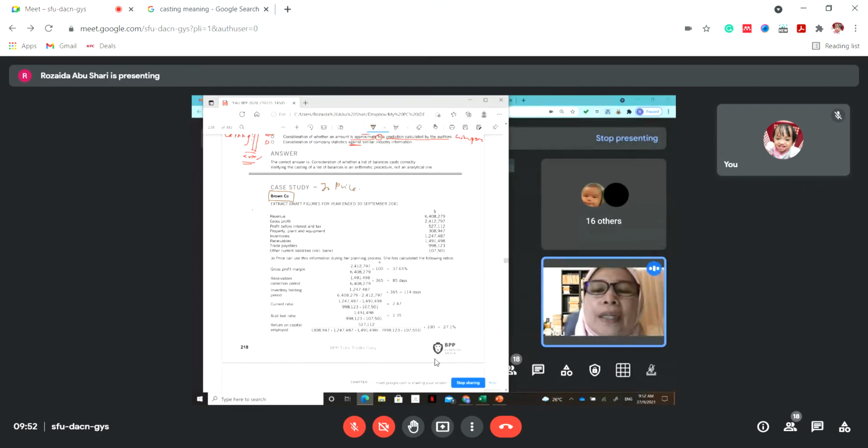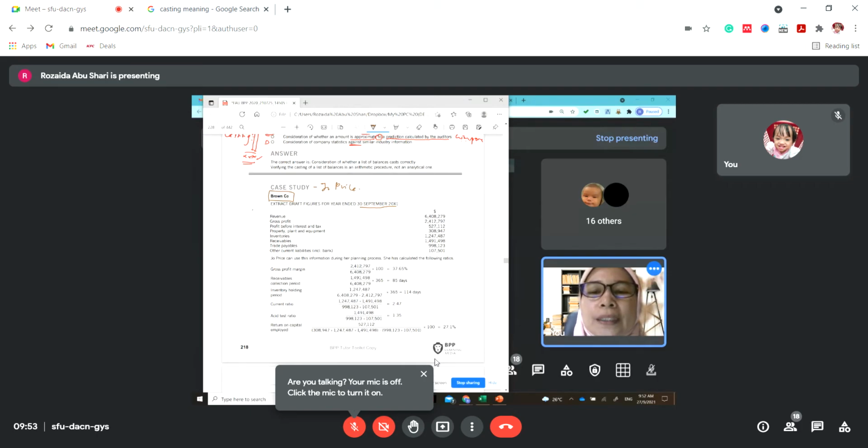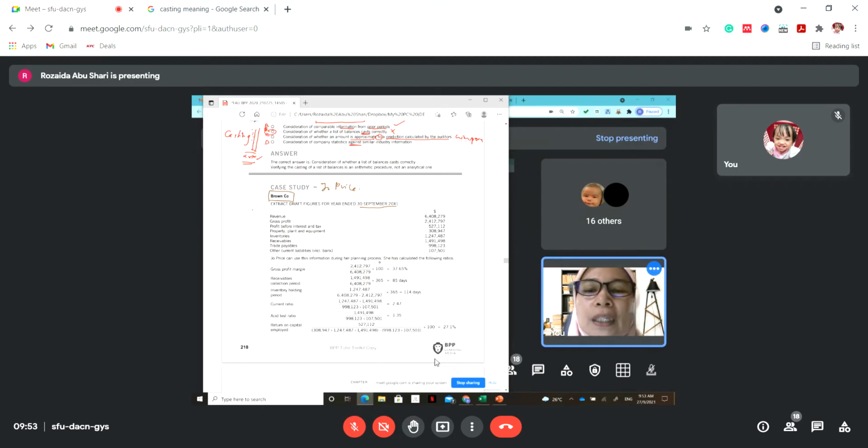So this is the example for draft figures for the year ended 30th September X1. These are the items that Joe Price identified: revenue, gross profit, profit before interest and tax, PPE.